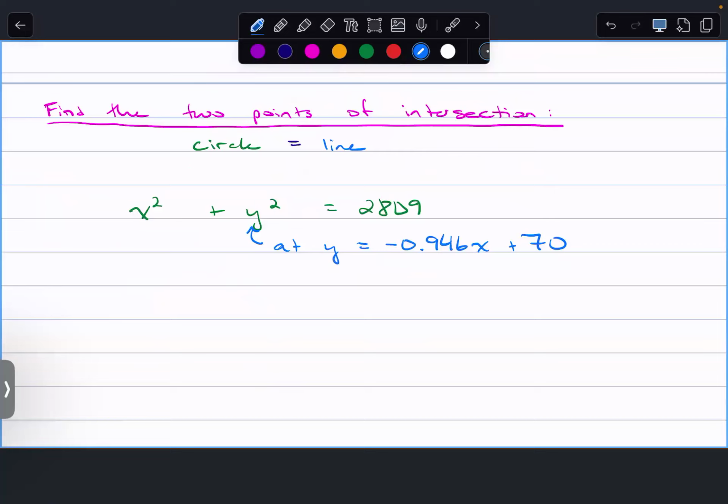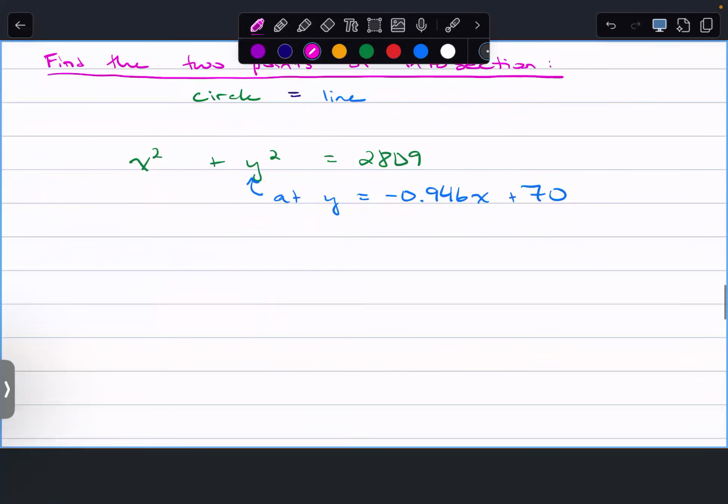Now, when I plug it in, I'll do pink. So now I get x squared plus, and you got to have brackets around this y now because the entire line is squared. So negative 0.946x plus 70, squared, is 2809.